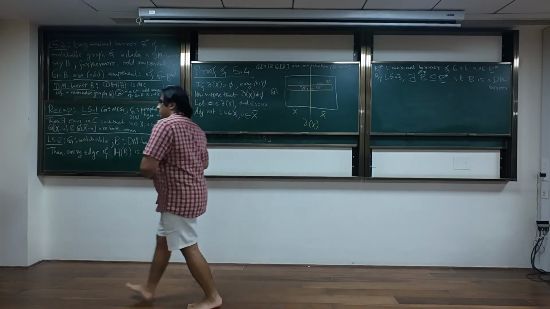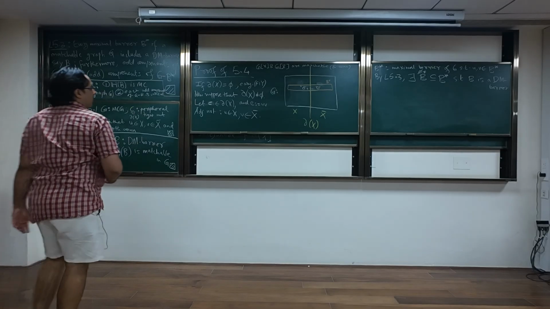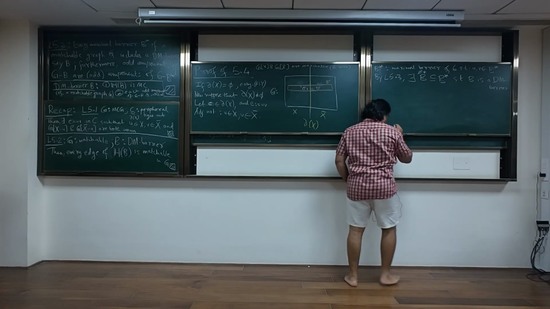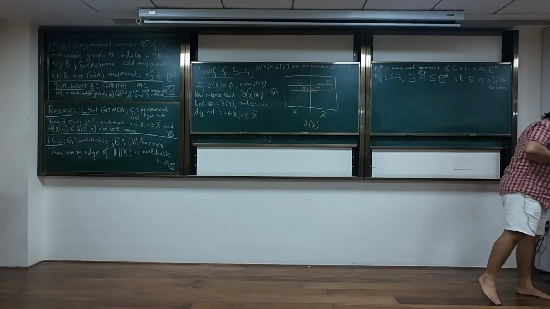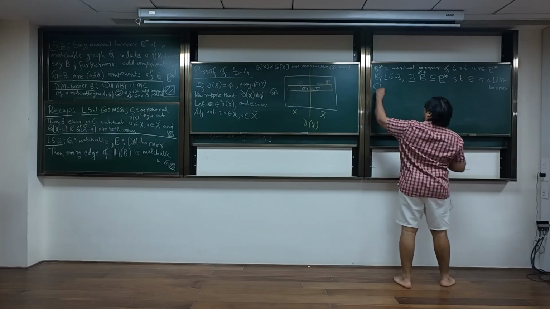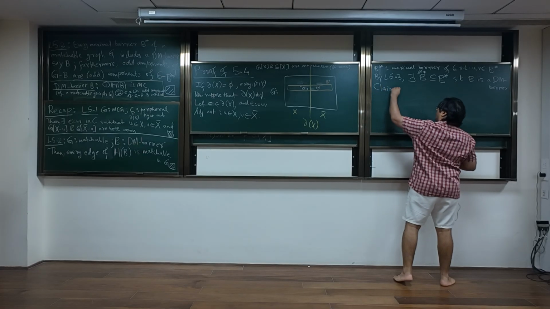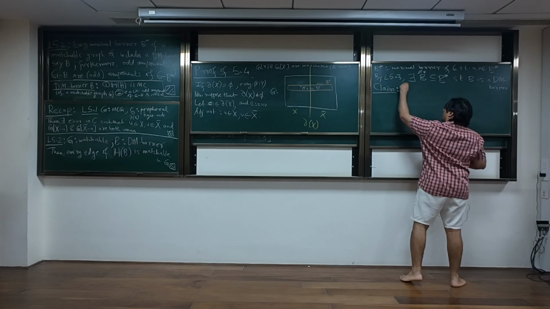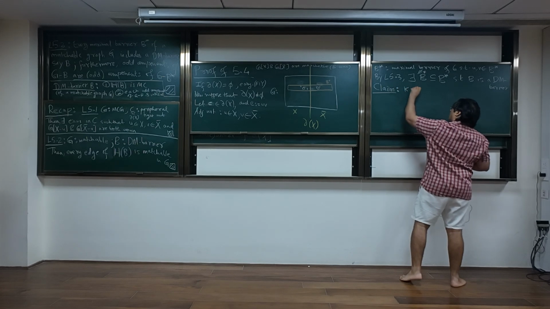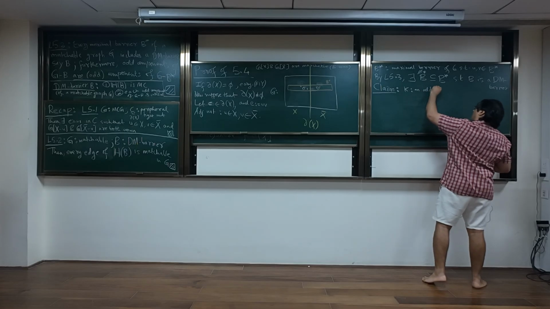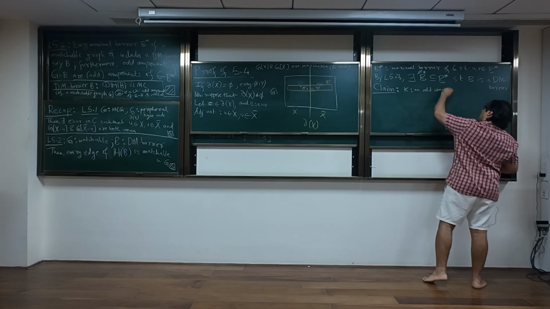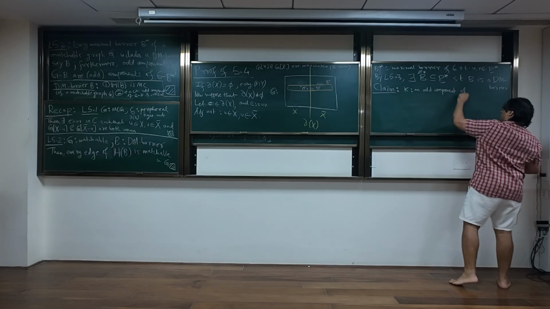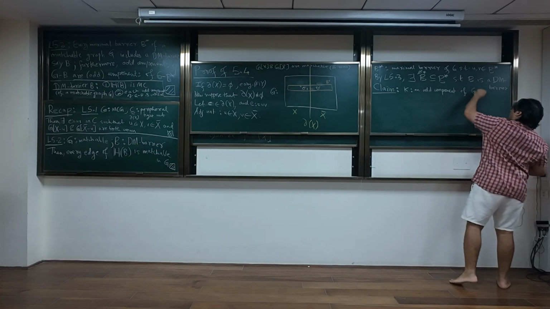Maybe I'll use blue. Claim. For any odd component, let K be an odd component not of G minus B star but of G minus B. This is what we care about.